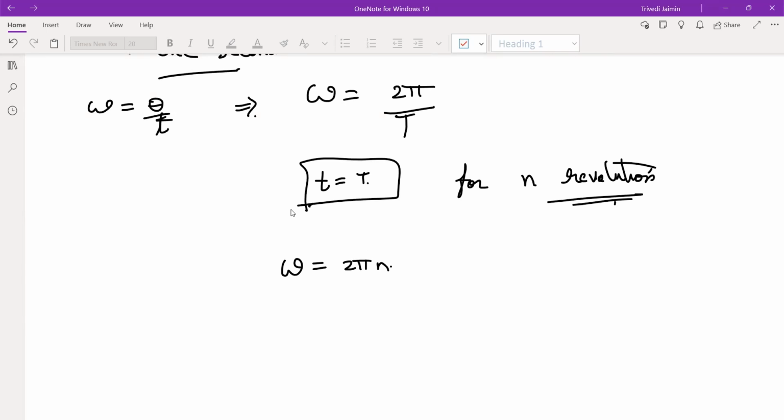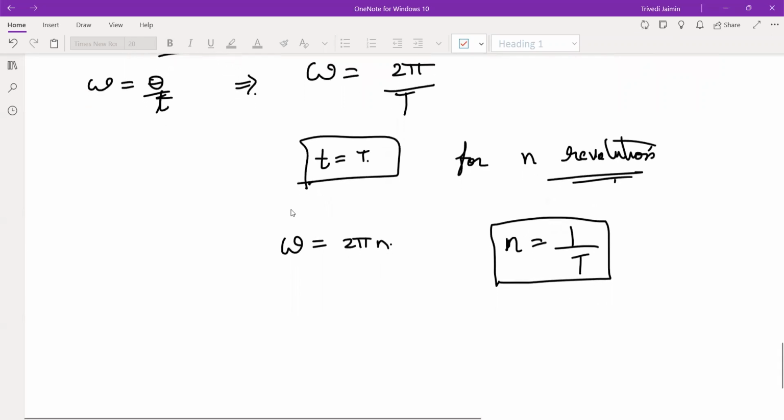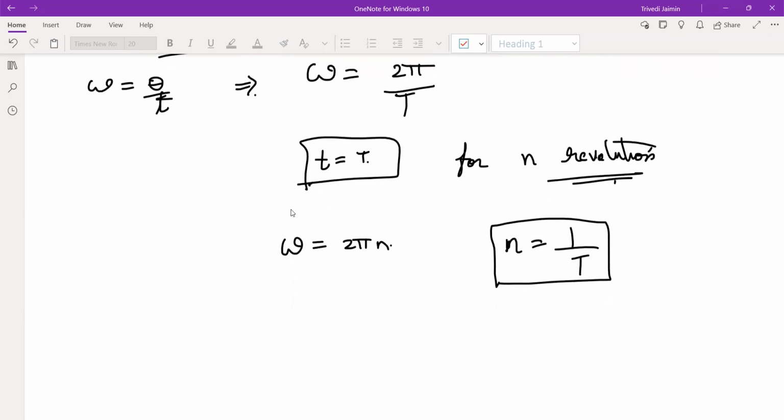N is the number of revolutions in 1 second. So n is 1 by t. This condition is for if it makes n number of rotations, then it is 2 pi n, where n is 1 by t.